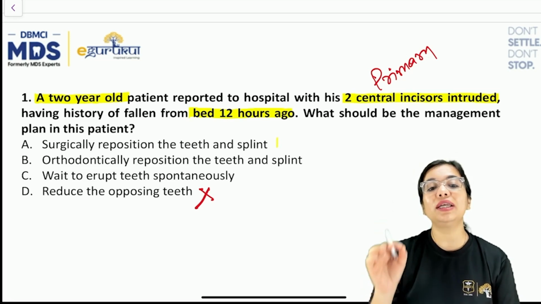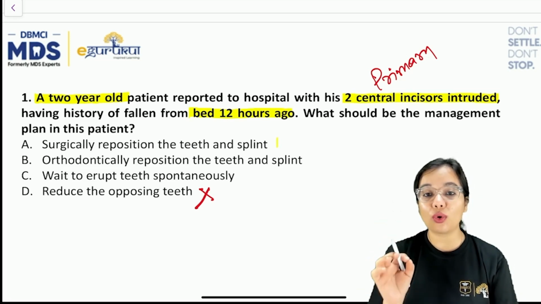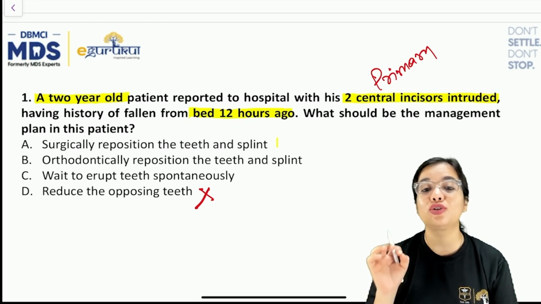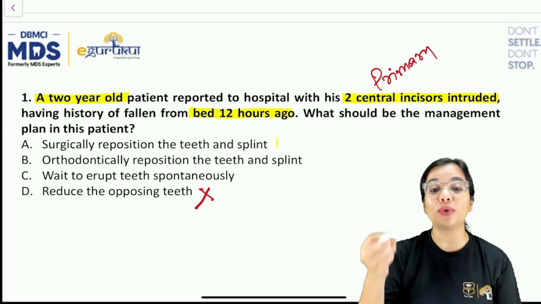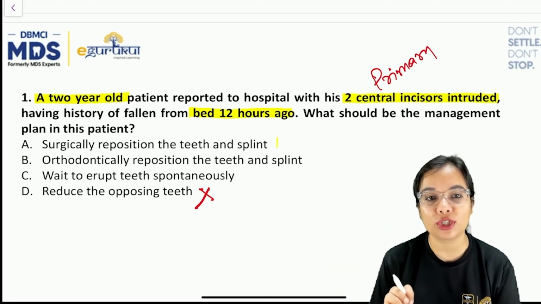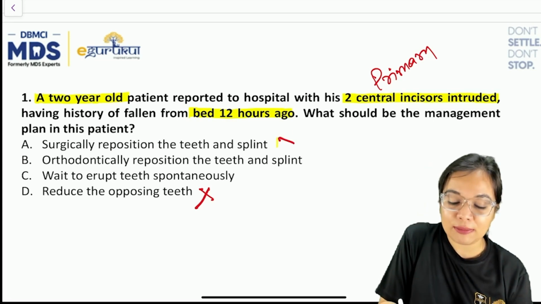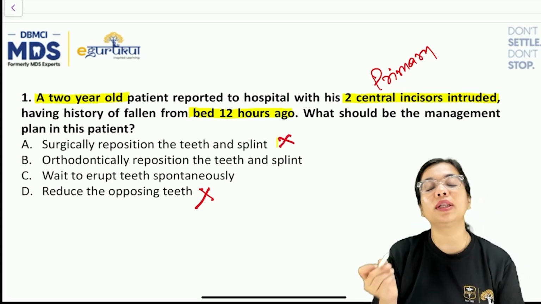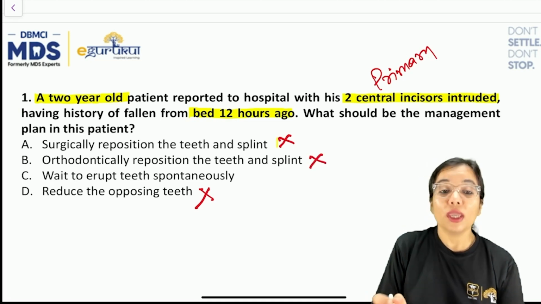Then surgically repositioning the teeth and splinting. A 2-year-old child who is traumatized so badly, you can't even imagine that the child is going to enter your operatory, forget allowing you to surgically reposition. So there is no point in surgically repositioning the teeth and splinting. Again, orthodontic repositioning, because of the age of the child, is not possible.